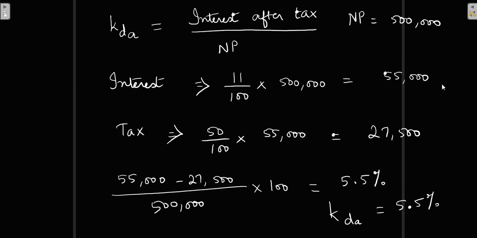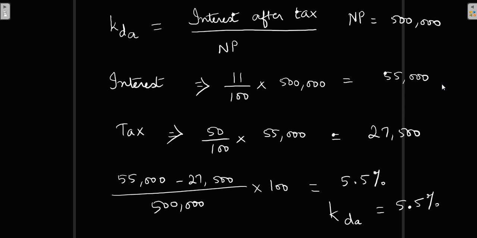Now to the third source of fund, that is debentures. So cost of debenture, we are using the formula interest after tax divided by net proceeds. Net proceeds is the total debenture value, that is 5 lakhs. Interest after tax: first we need to calculate the interest, that is 11% on 5 lakhs, 55,000.